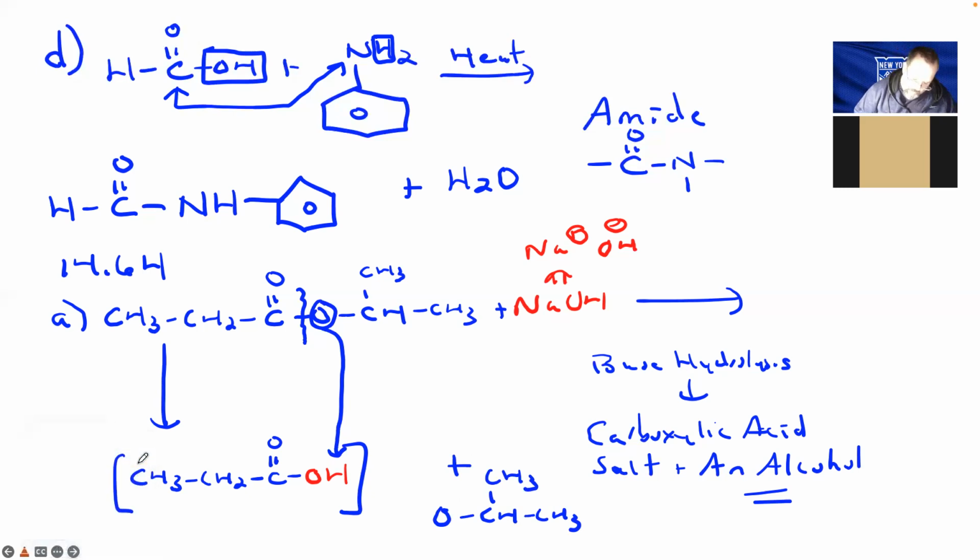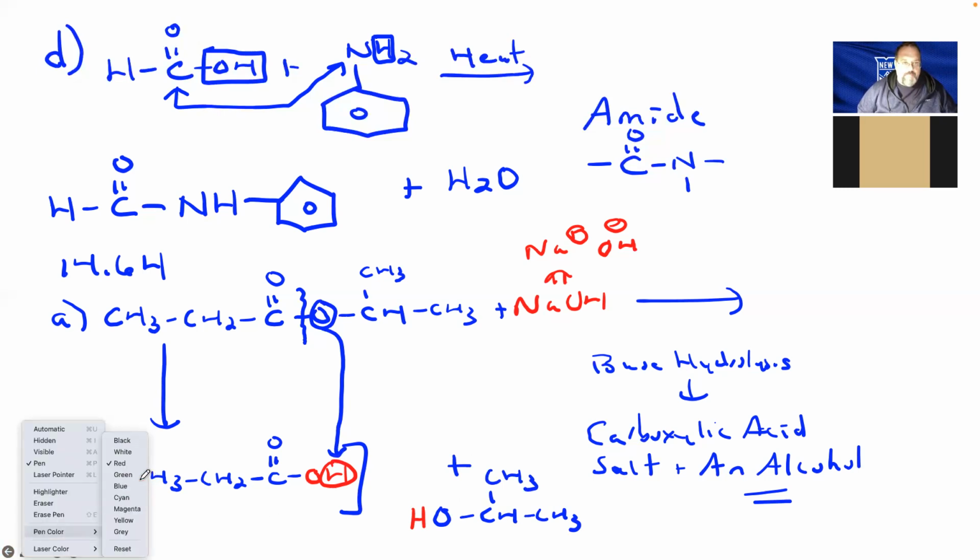And then that alcohol oxygen picks up the hydrogen from here. Because remember, that's the acidic portion of a carboxylic acid. What part of a carboxylic acid is lost under basic conditions? It's going to be the hydrogen of the carboxyl group. Here, it's going to be picked up by the alcohol oxygen.